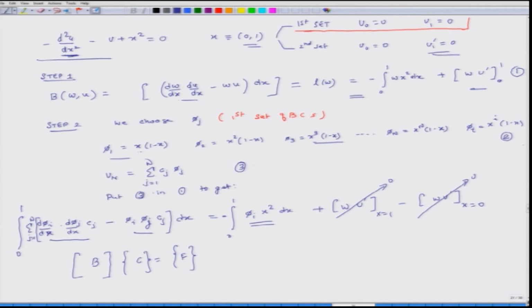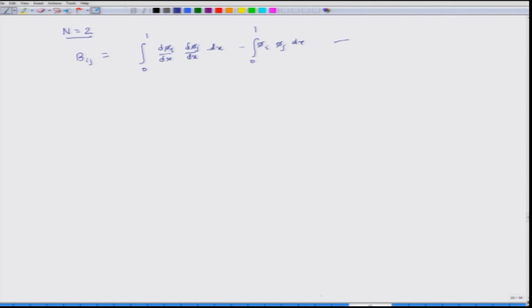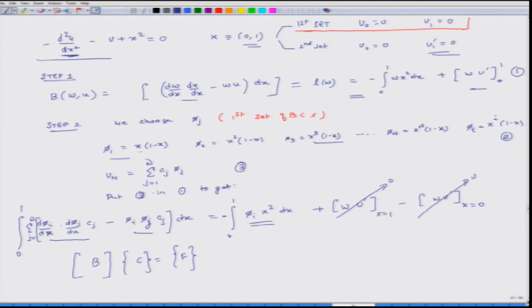So, I can calculate fairly easily the terms in the B matrix, and for calculating force it is the integral of minus phi_i x squared dx. Okay. And we know what phi_i is. What was our assumed function? phi_i equals x to the power of i times (1 minus x).